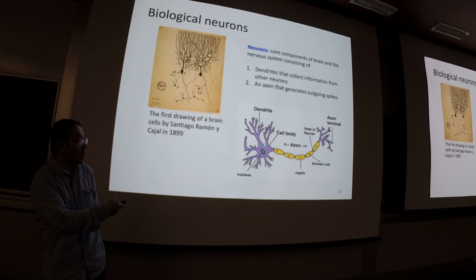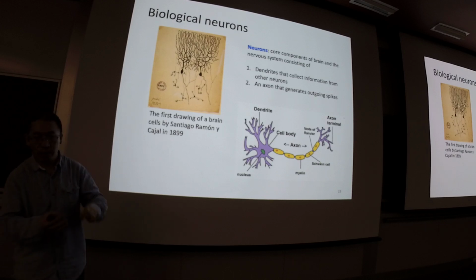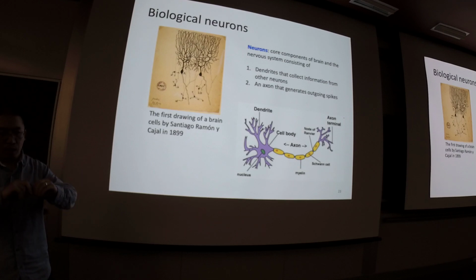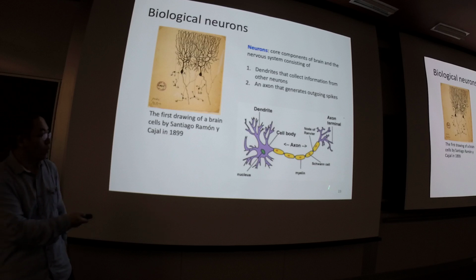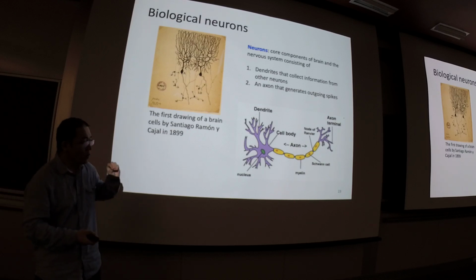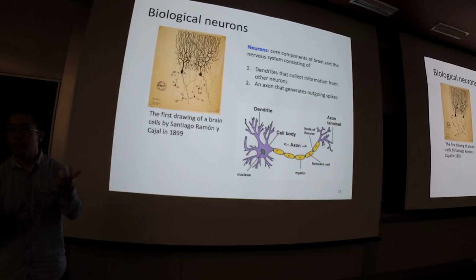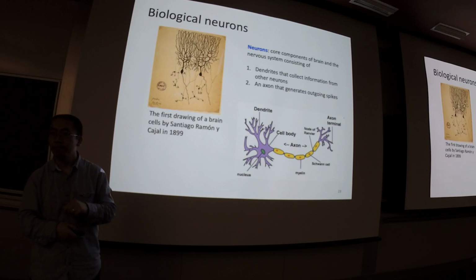And the second component is called axon. You can consider it as an extension outside of the cell. The function of axons is to transmit the signal. The kind of signal they send, in the biological sense, is called spikes.